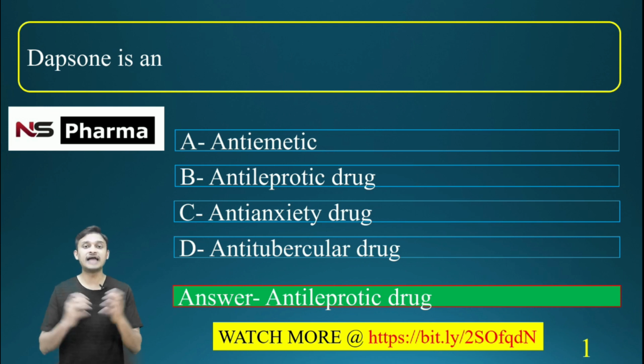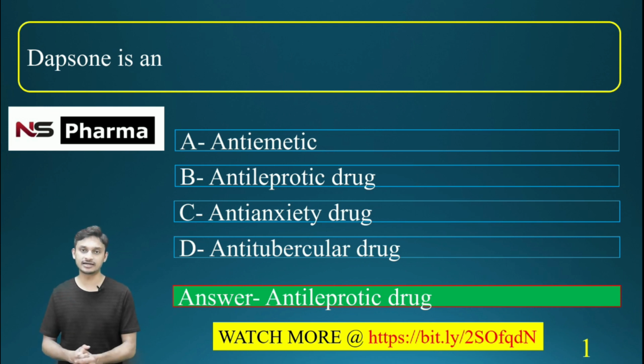Next one is anti-TB drug, anti-tubercular drug which has got anti-leprotic activity. Example is rifampicin and ethionamide. The 4th type of drugs which is coming under anti-leprotic drug is other antibiotics.